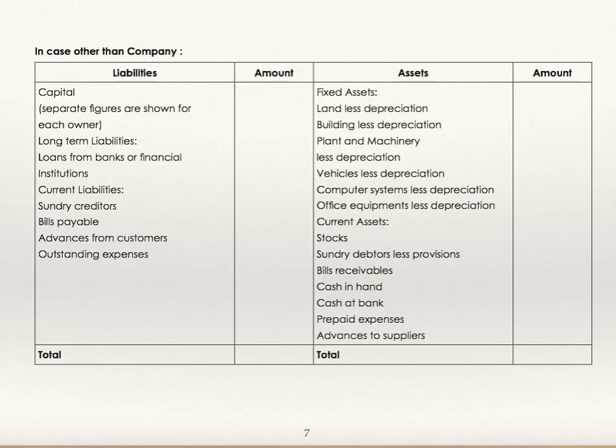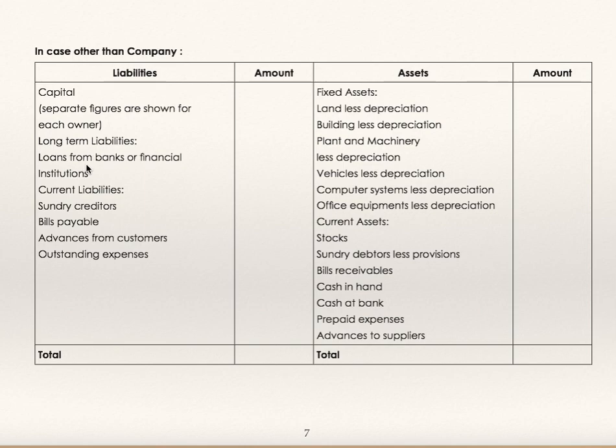Now we'll see the format of the balance sheet other than for a company. This is not applicable to company accounts, limited companies. As per the Companies Act 2013, the vertical format is applicable. On the liability side, under capital, separate figures are shown for each owner, that is, for each partner.